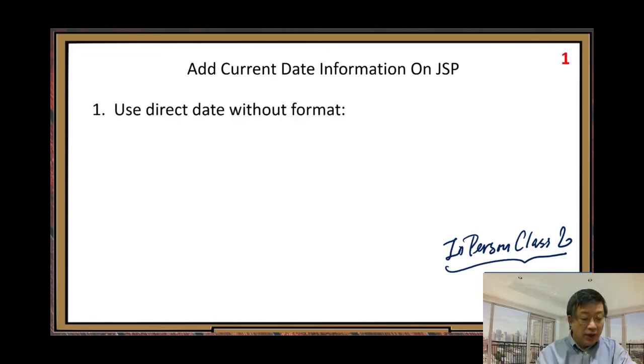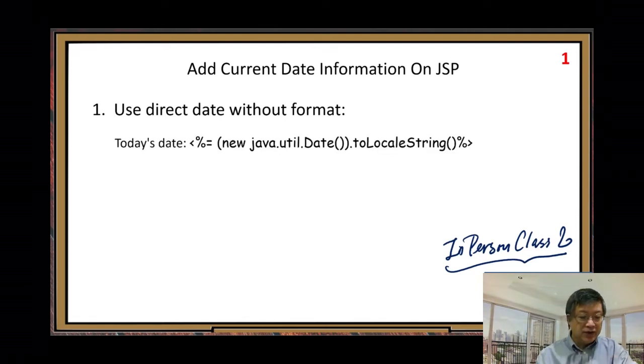Method number 1, use direct date without format. That's pretty straightforward. The critical line we found from the web, we copy and put it here. It is this line. Today's date, then we have a JSP expression. Look at the notation here, especially that equal sign.